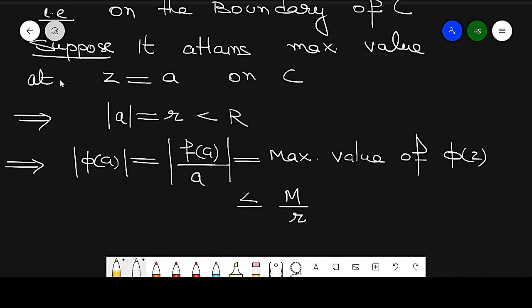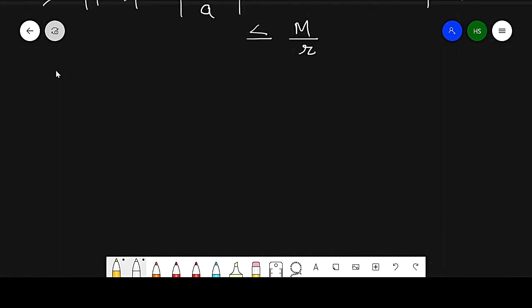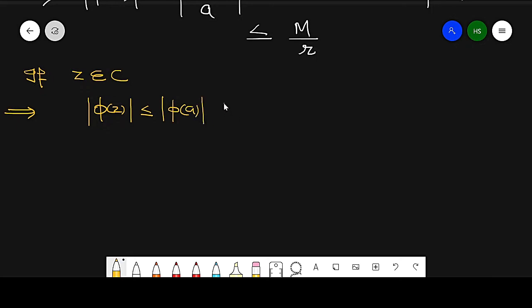Now, if z belongs to C, that is on boundary, or if z belongs to inside C, in that case phi of z is less than equal to phi of A, because it is maximum value. And what is this maximum value? Less than equal to M by small r.